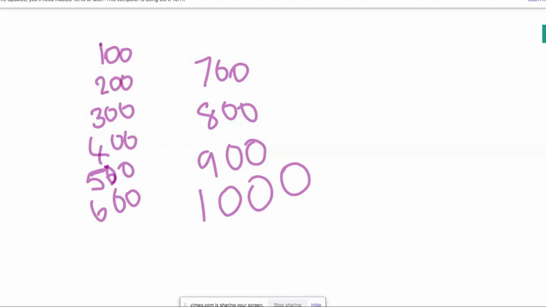I'm going to ask you a question. Why do you think we say 1000 and we don't say 10 hundred? The clue is in this number here. 10 hundred is the same as 1000.